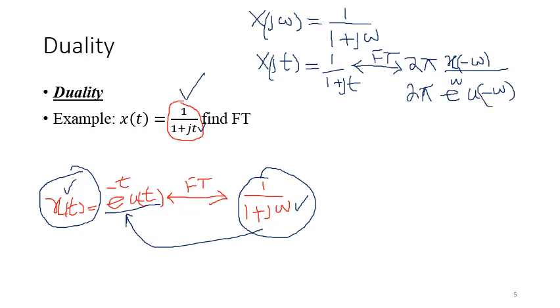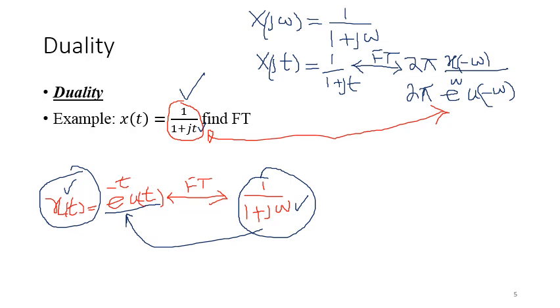So this is the Fourier transform for this signal, and this is your input signal. Exploiting the property of duality, we can very easily find the Fourier transform. You have an input signal like this, whose Fourier transform you want to find.